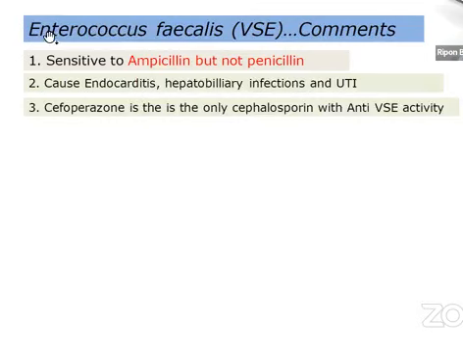We should remember that Enterococcus faecalis is sensitive to ampicillin, not penicillin. And cefoperazone is the only cephalosporin that can be used in Enterococcus faecalis.